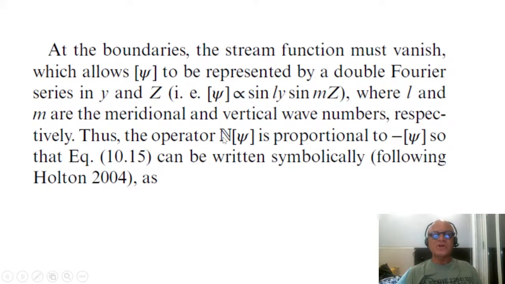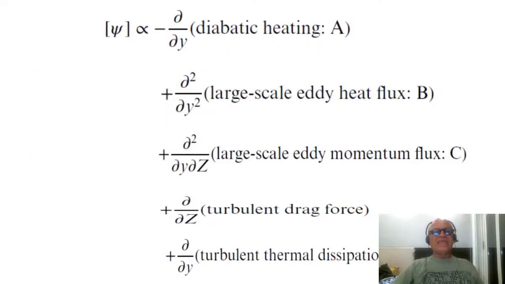So the operator N psi here is proportional to minus psi, okay, which means when it is positive you have thermally direct circulation on the Hadley cell side, and on the other side when psi is negative you have weak thermally indirect circulation, which we called the Ferrel cell.